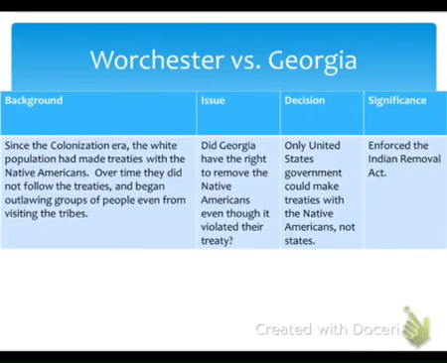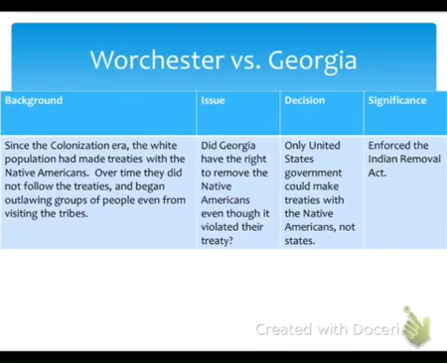And the next court case we have was during Jackson's time. This is Worcester versus Georgia. The background is that since the colonization era, the white population had been making treaties with the Native Americans directly: I'm building a town here, we need to work together. Over time, they did not follow.